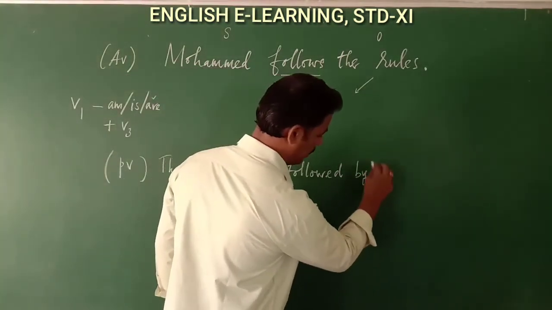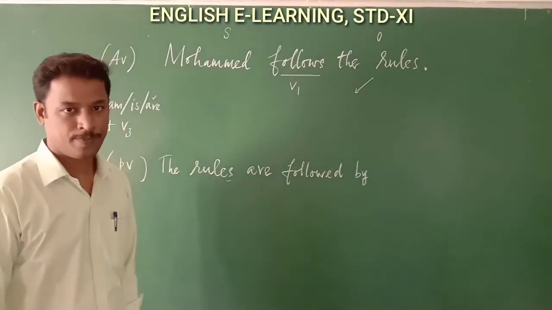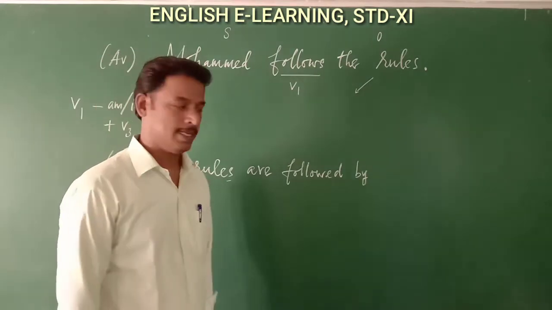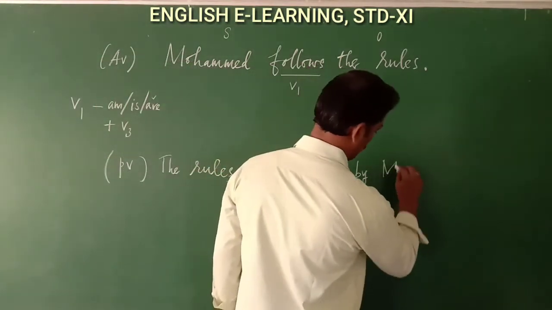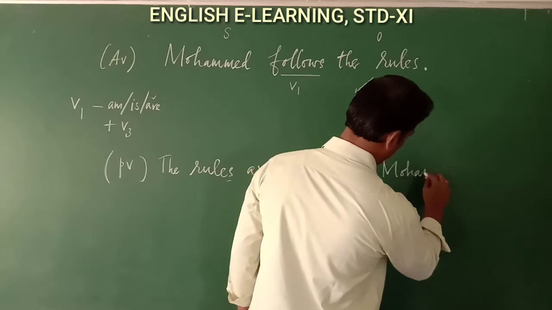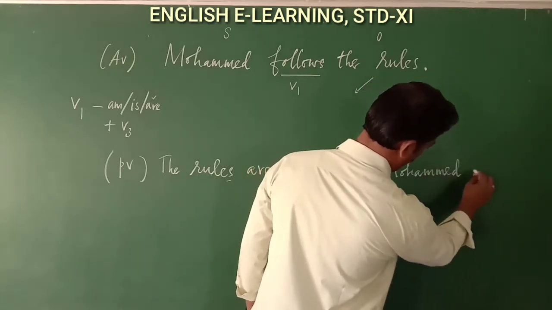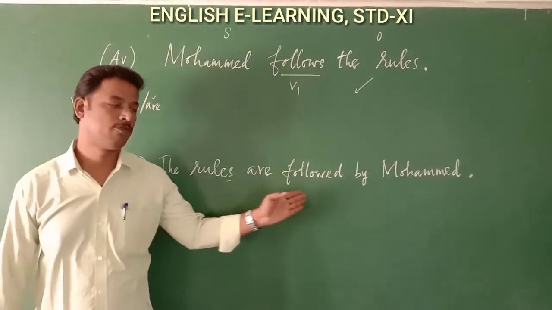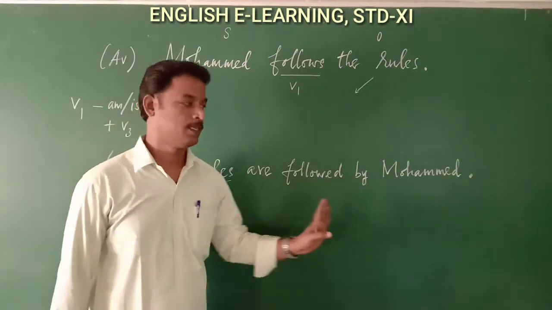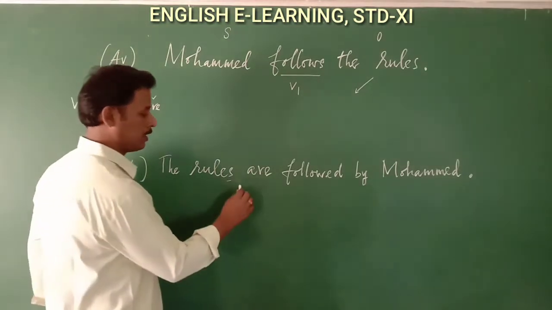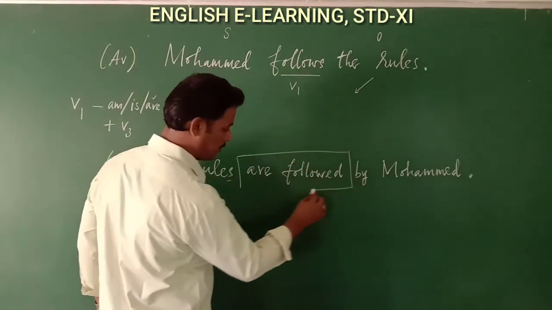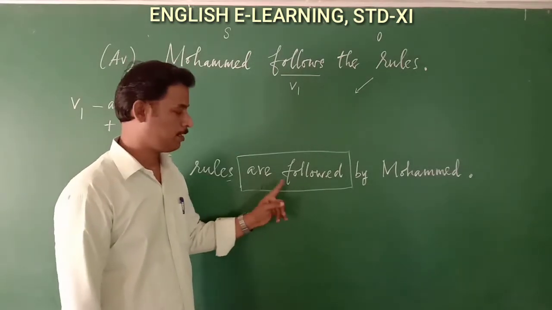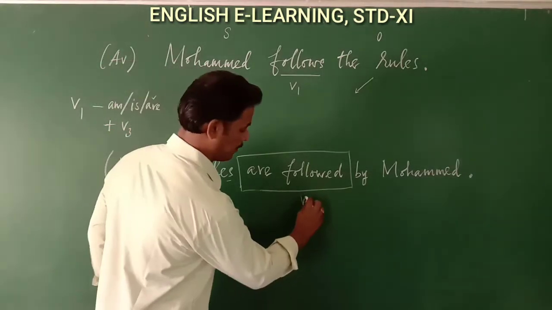Next, we have to add the preposition by, and then the subject is going to be changed as an object. So the agent of this action is Muhammad. Right. Now read it. The rules are followed by Muhammad. It is in passive voice. So the passive construction must be be verb plus verb 3. Right.